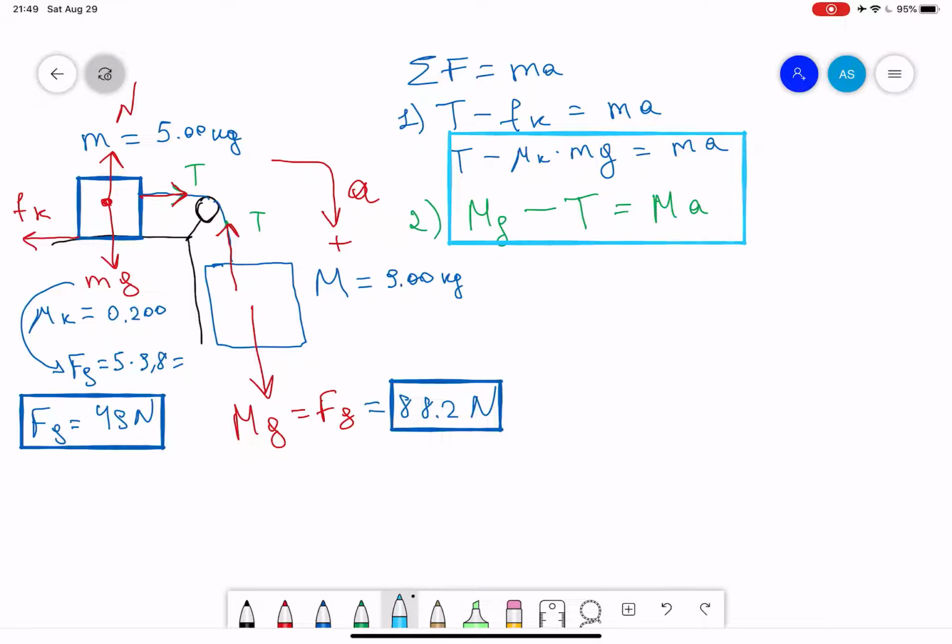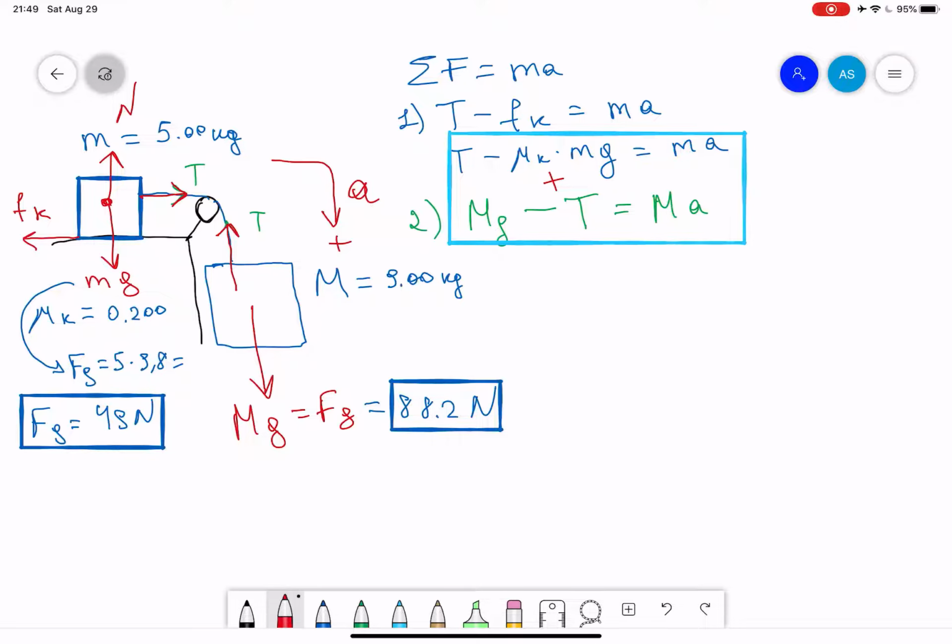Let's first find the acceleration, and once we find it, we can substitute into either of these two equations to find the tension. The easiest way is to add these two equations together. When you add them, the tensions cancel out.